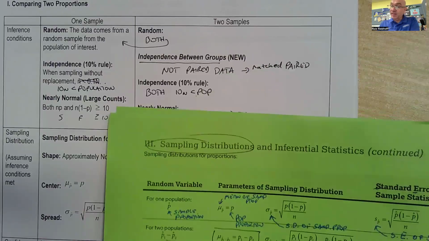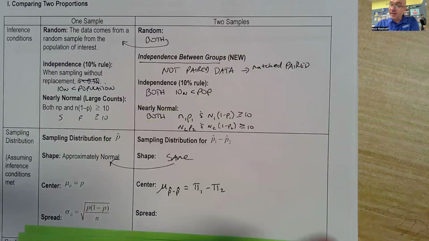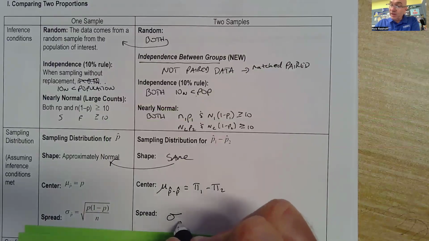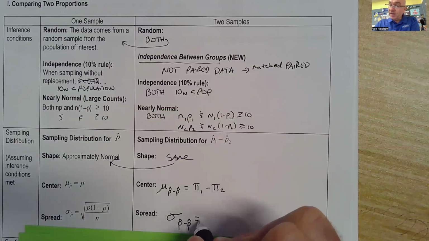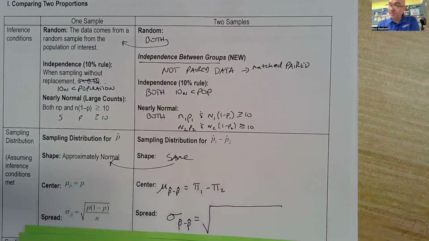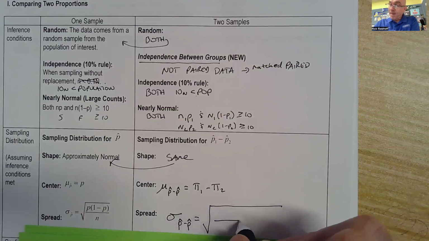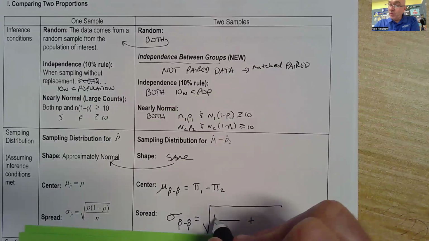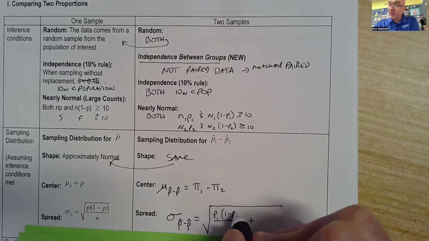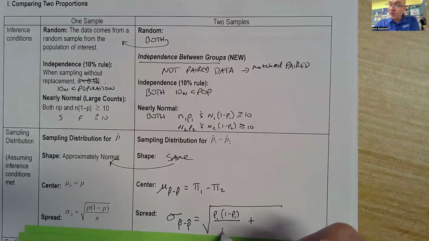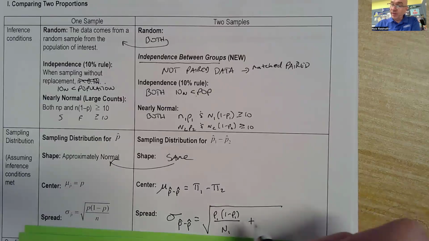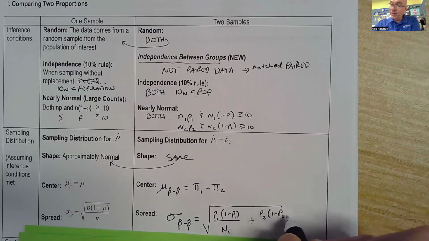So we're going to write this: the standard deviation of the sample proportion difference is still a big old square root, but we're going to take our p1 times 1 minus p1 and put that over our sample size n1. And guess what we're going to do over here? We're going to do the same thing for the other.